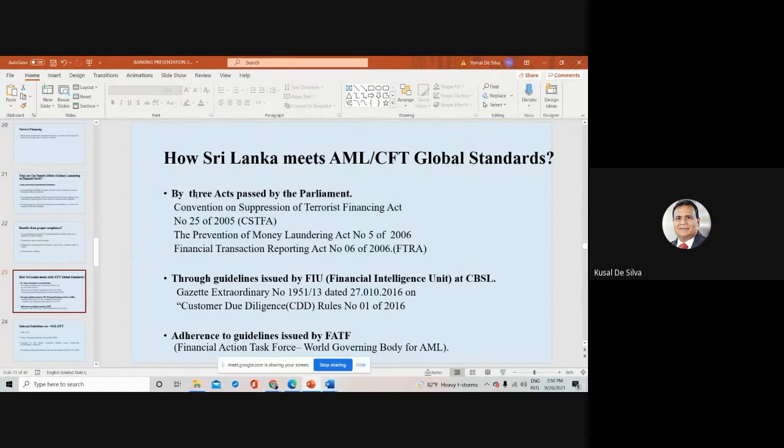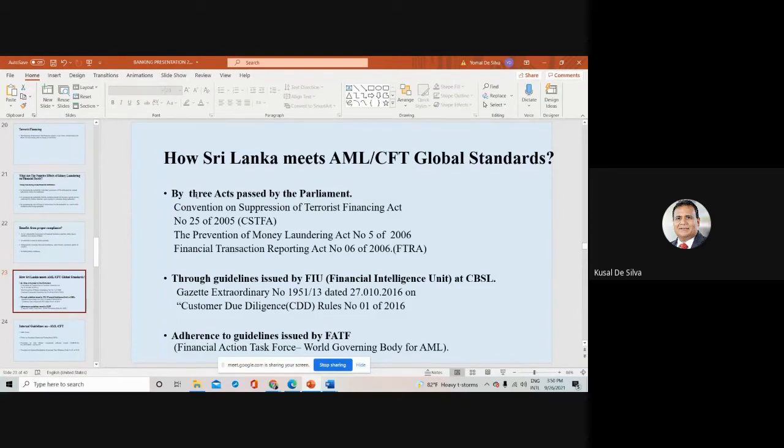The Prevention of Money Laundering Act, number 5 of 2006. Then the Financial Transaction Reporting Act, number 6 of 2006. These 3 acts are very, very important. FTRA, the Financial Transaction Reporting Act, is very, very important.